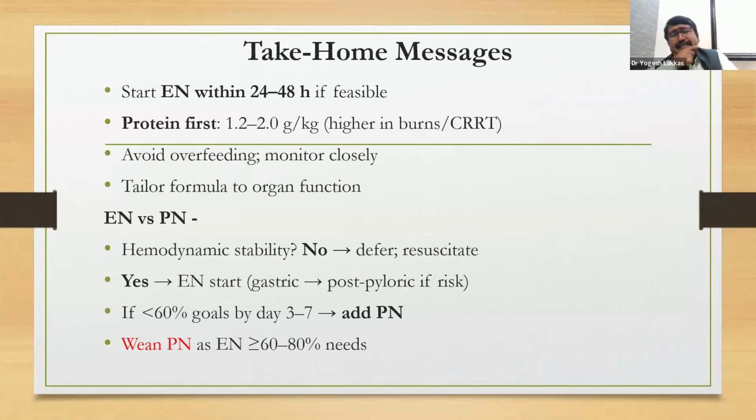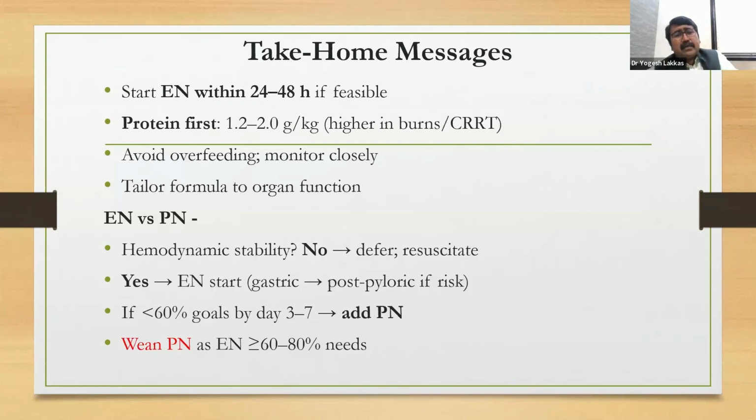Take home messages: start enteral nutrition within 24 to 48 hours if feasible. Protein first, that is 1.2 to 2 gram per kg, higher in case of burns, CRRT. Avoid overfeeding, monitor closely, tailor formula to organ function. Then enteral versus parenteral nutrition: when hemodynamic stability is not there, resuscitate first.